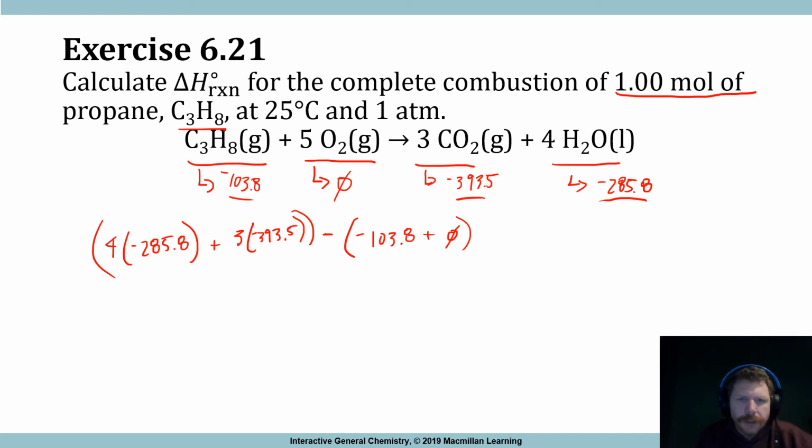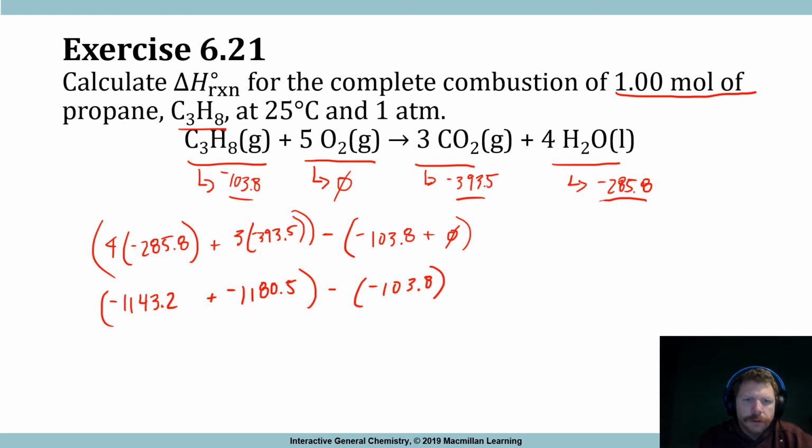So my products end up being 4 times negative 285.8, which equals negative 1143.2, plus 3 times negative 393.5, which equals negative 1180.5, minus negative 103.8.